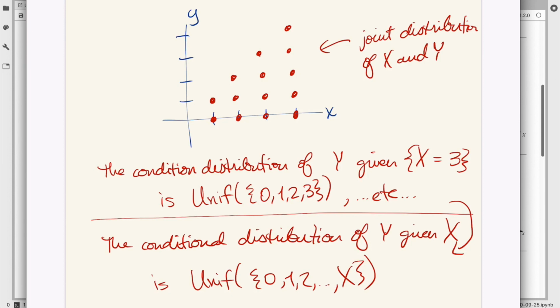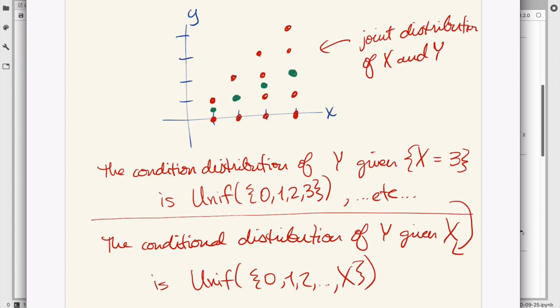So on average, it's 1/2. So the conditional expectation given that capital X is equal to 1 is 1/2. Likewise, if x is equal to 2, then we have y being 0, 1, or 2 with equal probability, so the average is 1. And then similarly for x equals 3 and x equals 4.